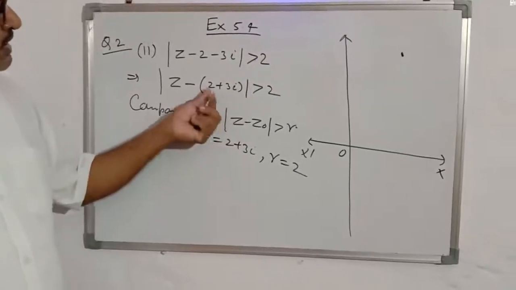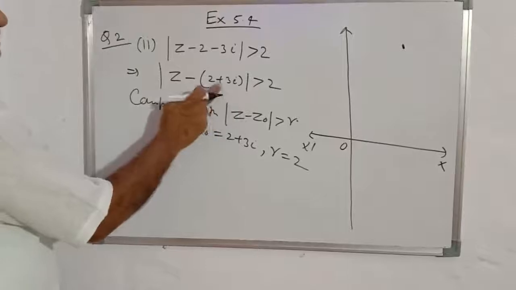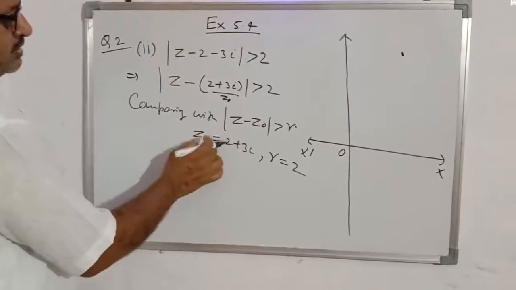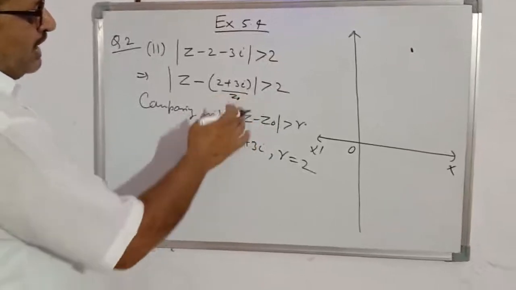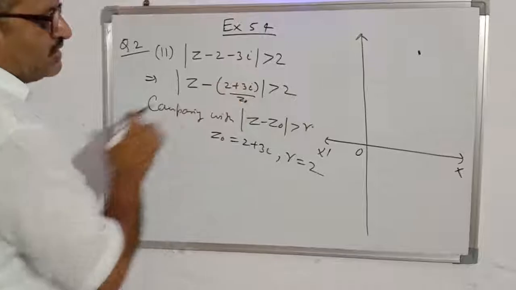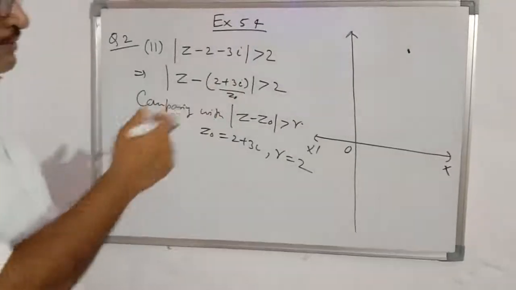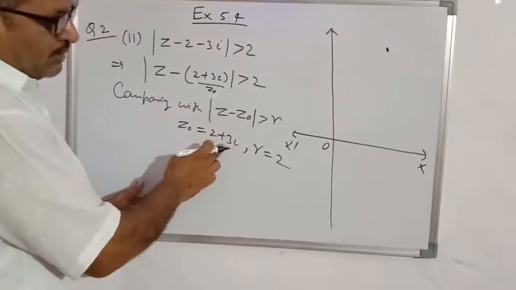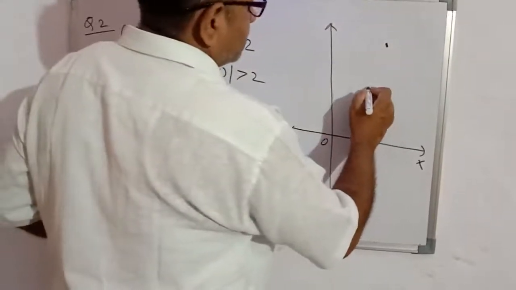Z0 is what here? 2 plus 3i. So it represents all the points lying outside the circle with center 2 plus 3i and radius 2 units. How can we plot it in the Argand plane? So the center is (2, 3).